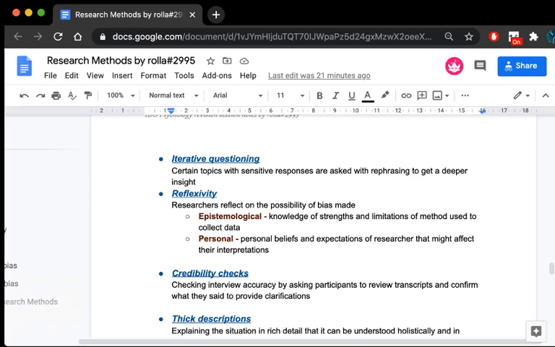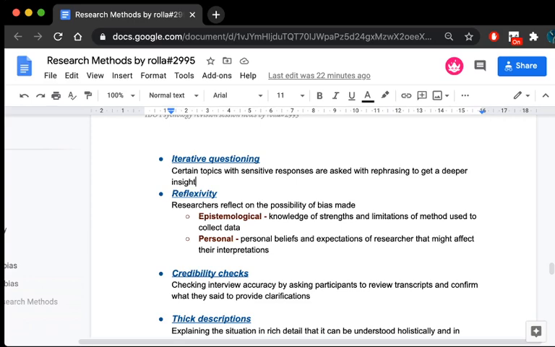So different rephrasings can sometimes allow a participant to talk more about the particular thing that's sensitive to them, and maybe help them open up more.